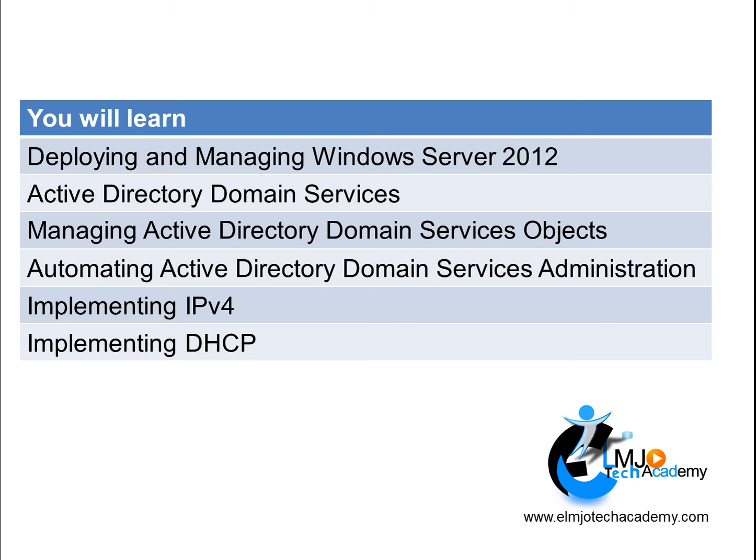After that, we are going to see implementing IP version 4. How can you assign IP addresses in a Windows Server 2012 environment, and what is IP version 4? How can you implement it? Nowadays, most of the people working in IT, if you tell them there are 100 clients and you have to assign IP addresses to them, they are either using class A, class B, class C, because they don't have the idea of IP addressing.